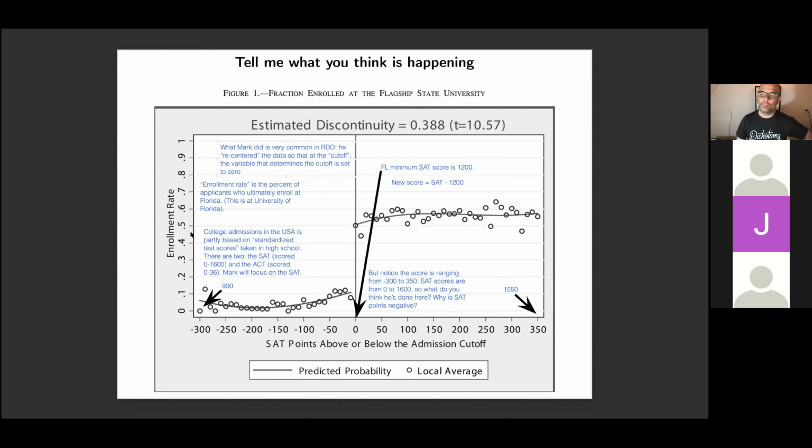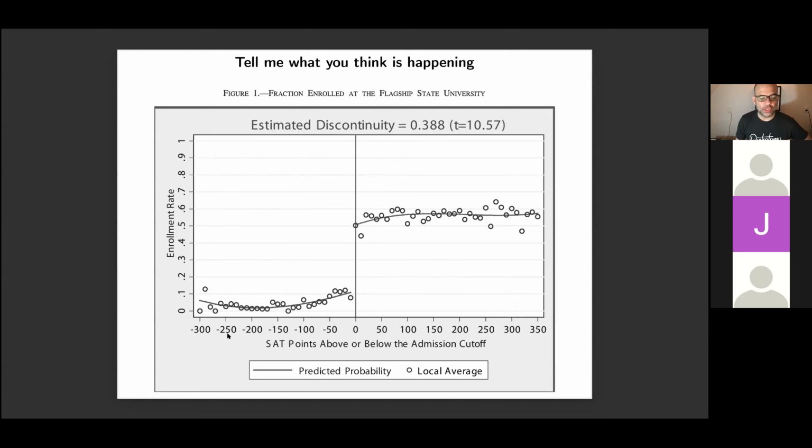All these individuals are in this data set. What is he going to do with this data? All right, so let's look at what he does. He's got this SAT score, he's got this enrollment rate.